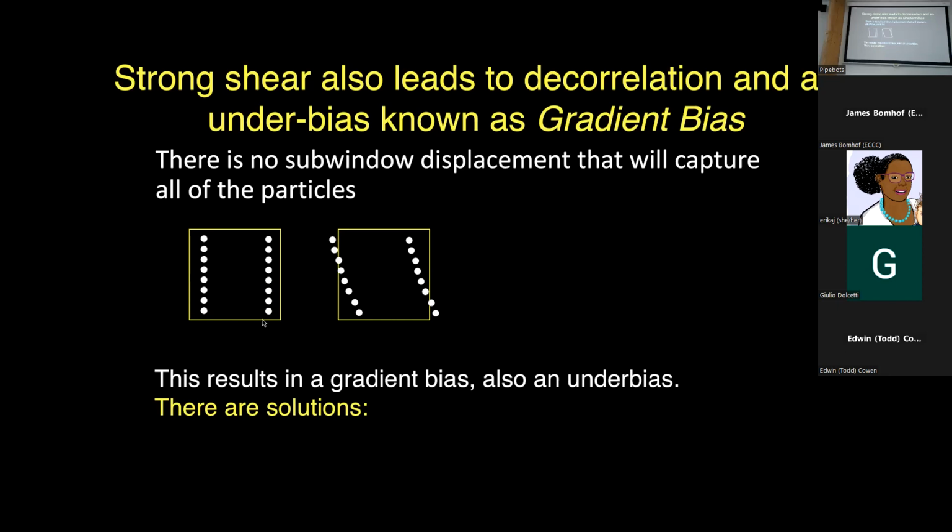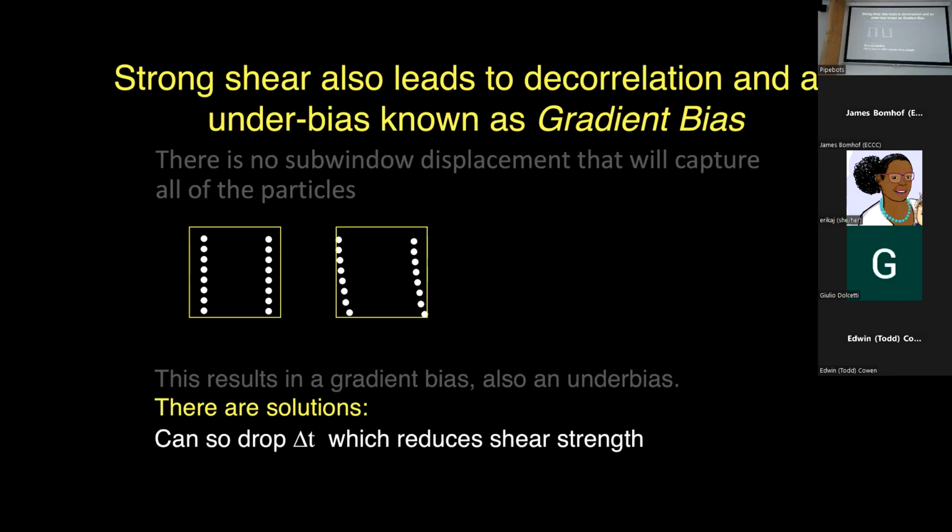And in fact, if I look at these two subwindows, I see a case of stronger shear. I have particles that have moved out the left-hand side and out the right-hand side. So I again get my gradient bias. But I also perhaps have just total decorrelation. Perhaps everything just kind of breaks down here. How do I resolve it?